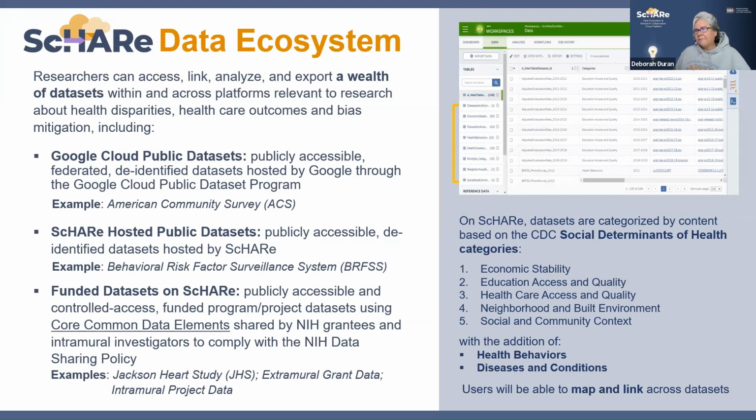And then we have funded datasets by ScHARe, by any NIH grant that can come onto it as well, like the Jackson Heart Study, and intramural and extramural. So this is one of the platforms that serves both intramural and extramural. Our data sets are arranged by the social determinants of health, the 5 categories, the health behaviors, and the diseases and conditions. Next.